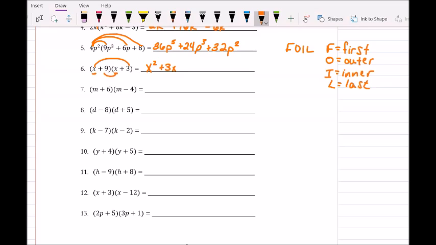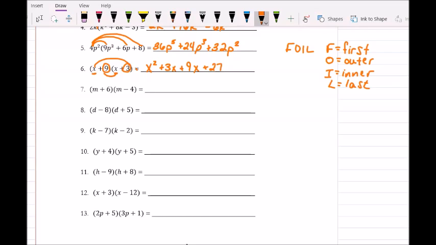So 9 times x is 9x. And last would be the two last terms of each binomial. So that would mean the 9 and the 3. And also watch the signs. They're both positive here. So that's positive 27.